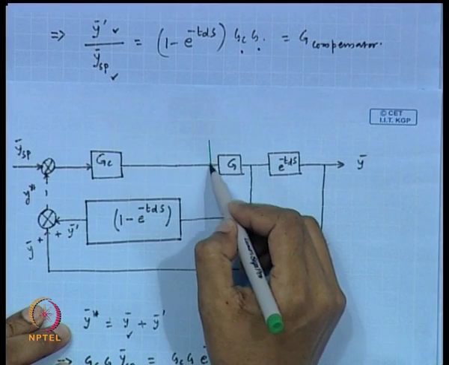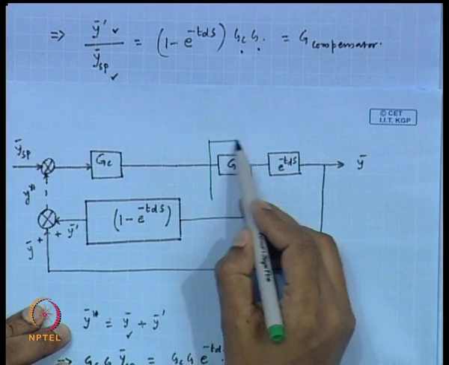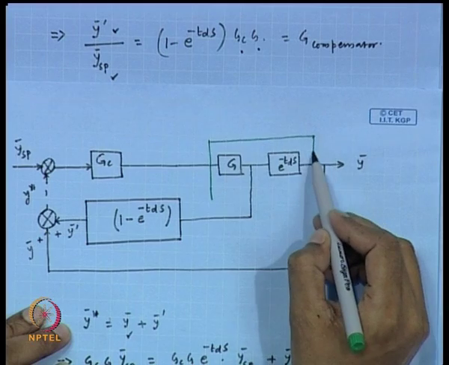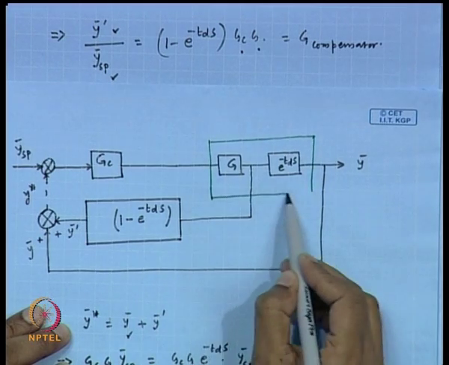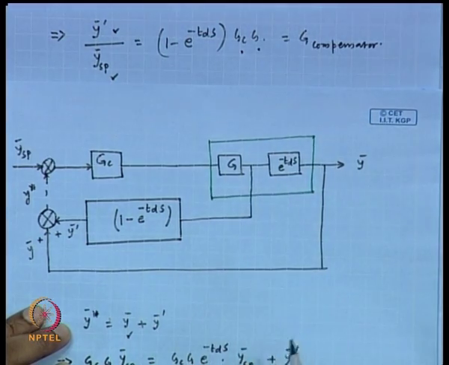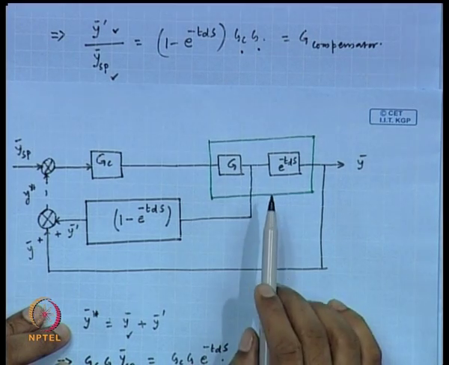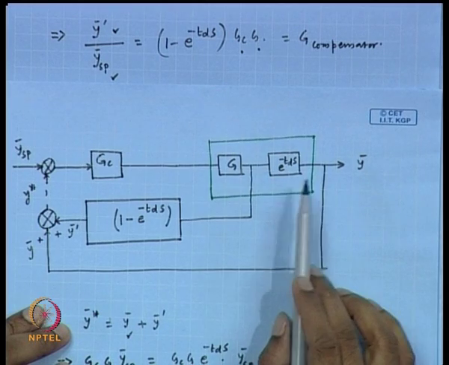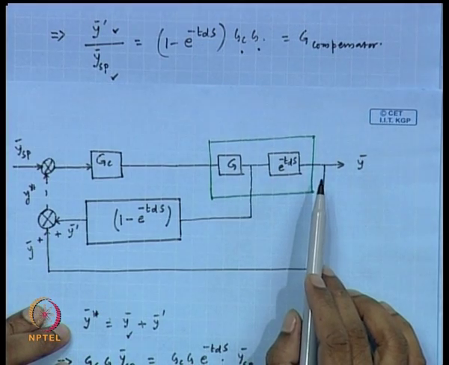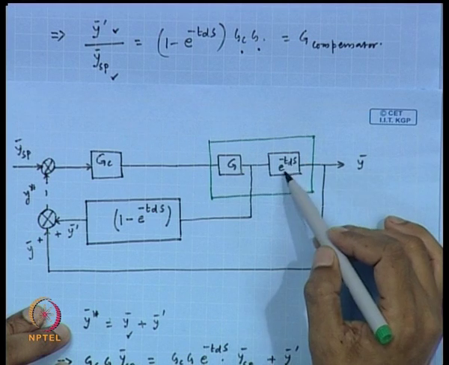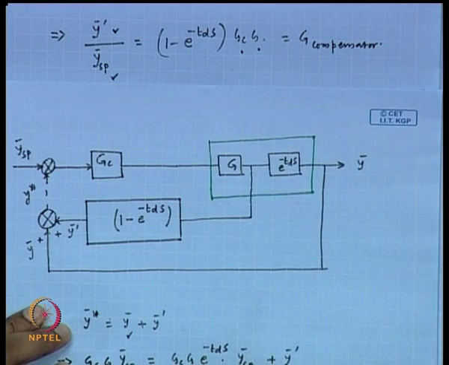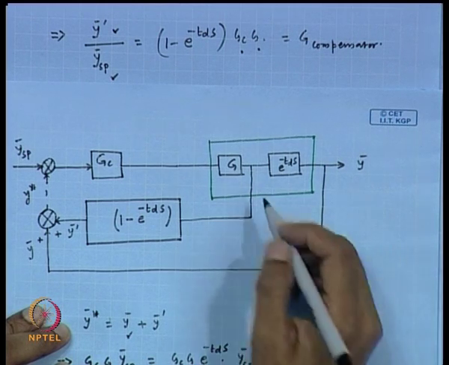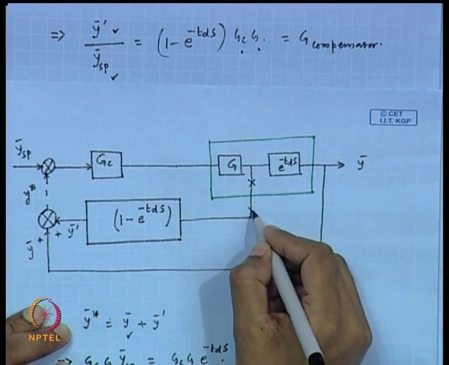because the actual process includes Z and this exponential term. In the actual process, we cannot separate, I mean we cannot get information from the actual process excluding this dead time part. So, this is not correct.